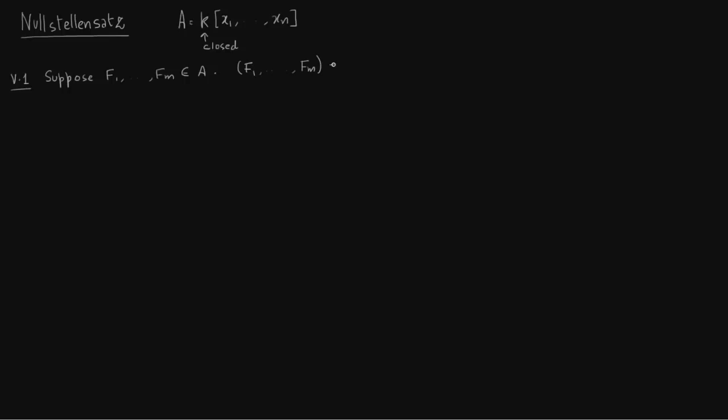That's why I'm writing it with brackets, and this ideal is not the unit of the ring. So these polynomials do not generate the entire ring A. Then the system of equations f1 equals 0, f2 equals 0, fm equals 0, this system of equations has a solution.